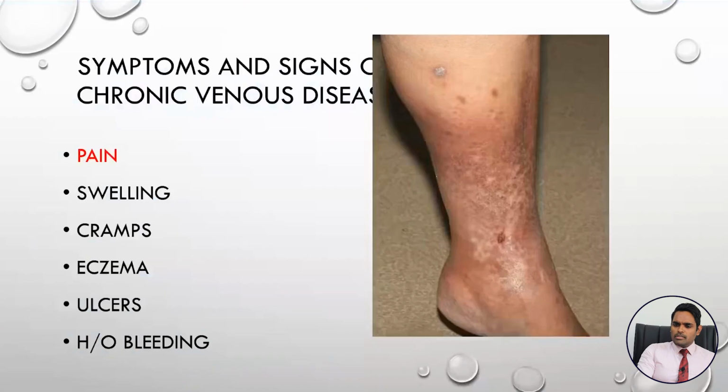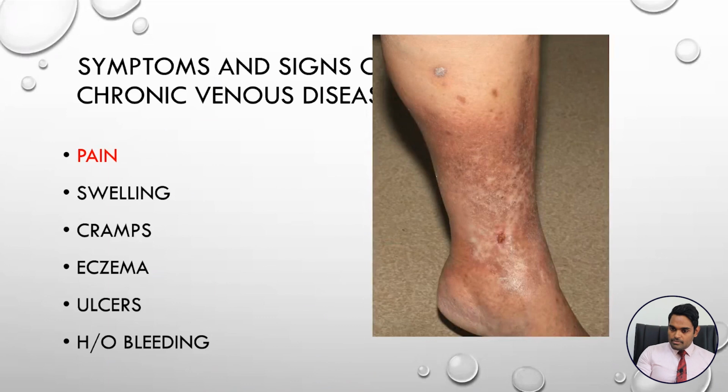Most of the patients will tell you they have pain, but as clinicians, you should interpret this pain very carefully, because sometimes this pain may not be related to varicose veins. Patients come and explain they have leg pain, and obviously they have varicose veins which are visible.